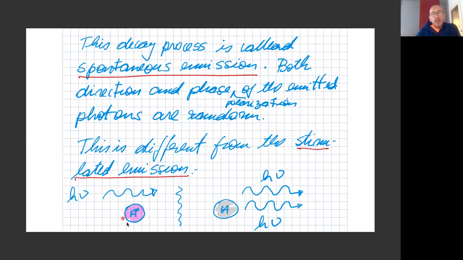If we have enough atoms of this class, of the excited ones, and these atoms see in the nearby the presence of a photon, you can see that this guy doesn't have the option to actually absorb this particular wavelength, because it cannot do it, because the atom is already excited at the highest energy level.